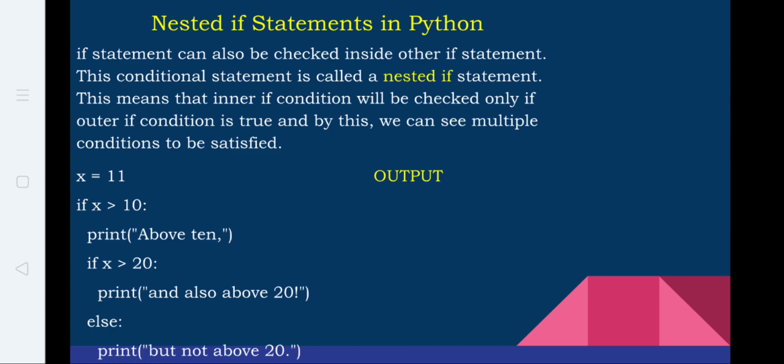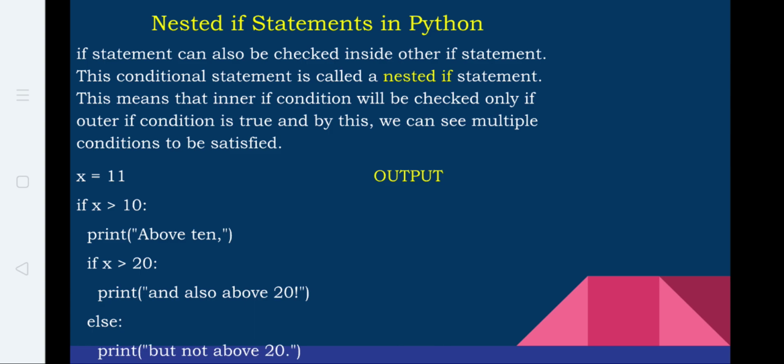So the program says that you are giving a number x, now it is 11, and we are checking against 10. If it is greater than 10, the first statement is true, so print above 10. After that, when it becomes true, the nested if is also executed. Now if x is greater than 20, given that x is 11, this is false.